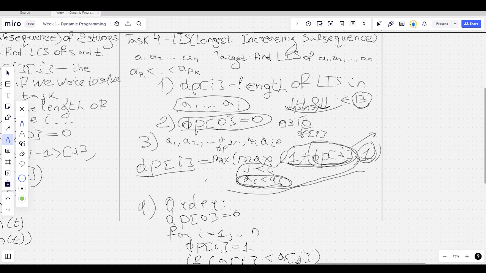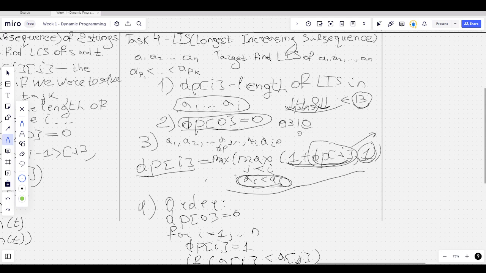Okay, when we are trying to calculate dp 4 in this example, if the set is empty, we consider that it is null and take 1.